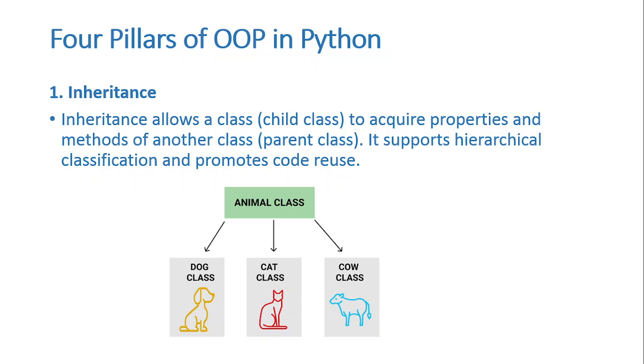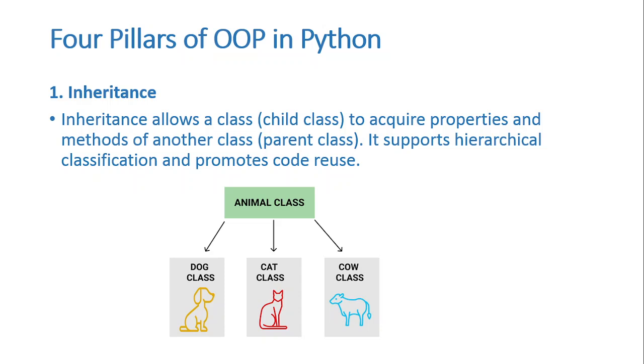Similarly, you can create another child class called cat class, where the attributes and methods from the animal class which are derived in the cat class are related to the features of an animal called cat: how the cat eats, how it hops, etc. Similarly, you can have another child class called cow class. This has attributes and methods related to the animal cow.